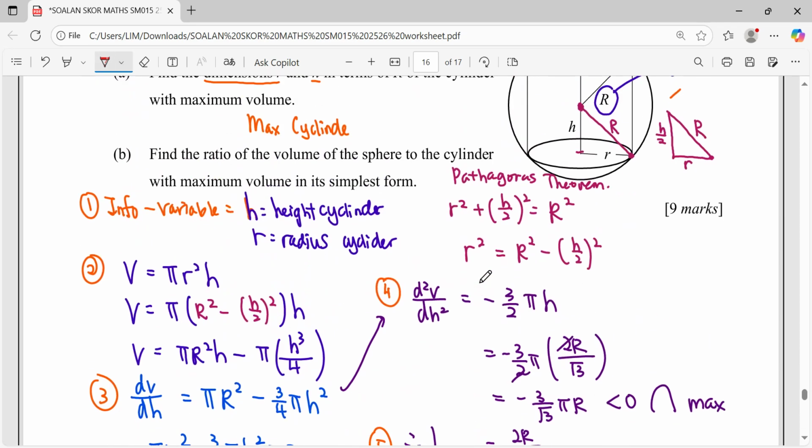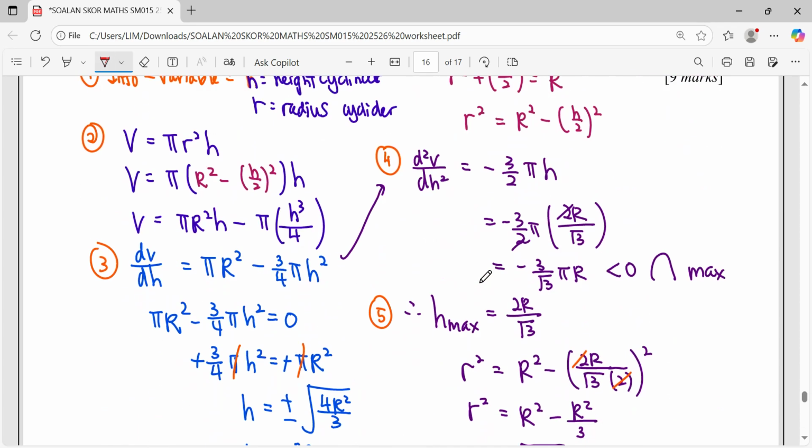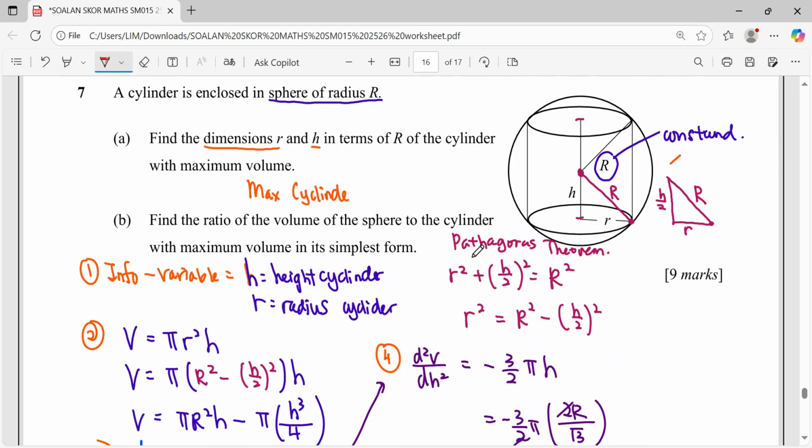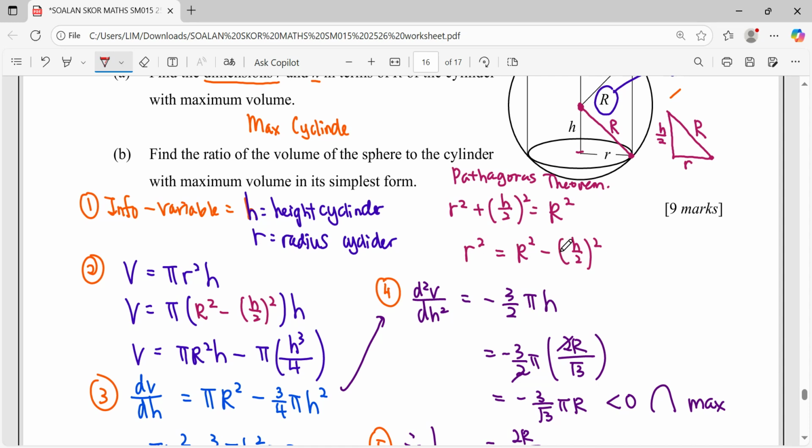How do you score these 9 marks? Firstly, from the formula here, how you relate your R and H using Pythagoras correctly, 1 mark. Then you can get your equation in terms of H only. So this is your answer from your volume.